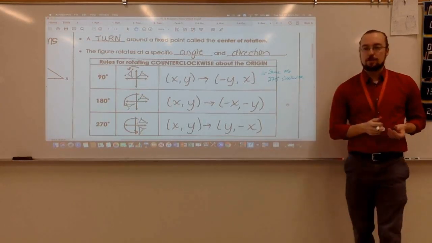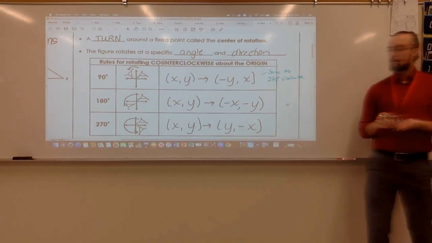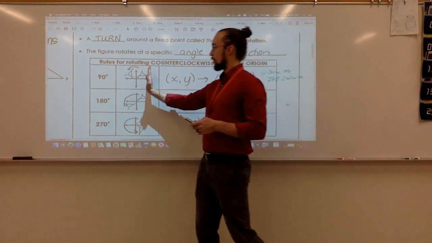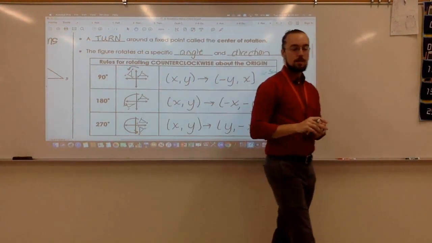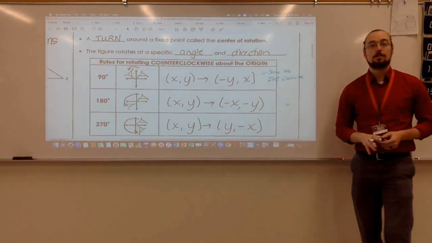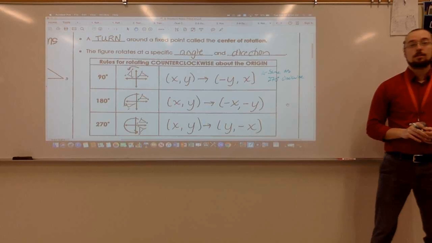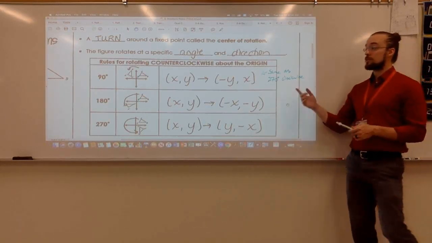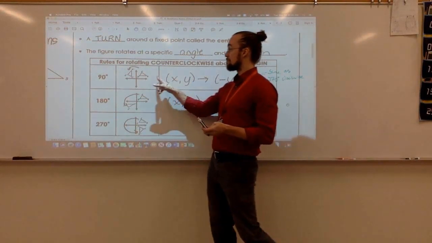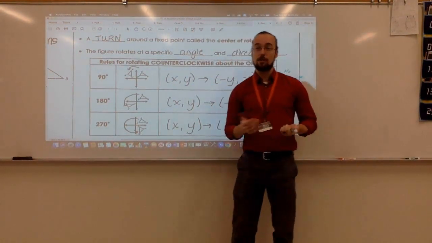90 degrees is basically just 1/4 of the coordinate plane. So it's saying, if I go 1/4 this way, that's the same as going 3/4 the other way. A 450 degree rotation would be the same as a 90 degree rotation.